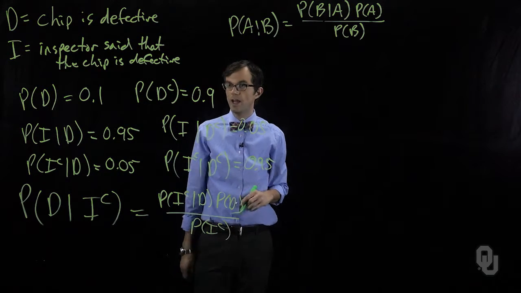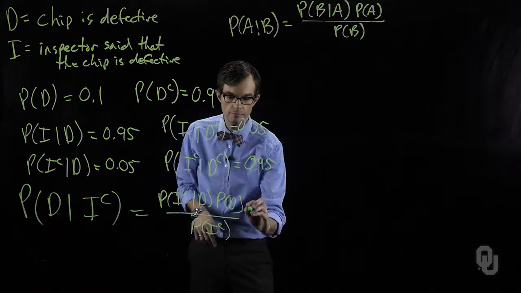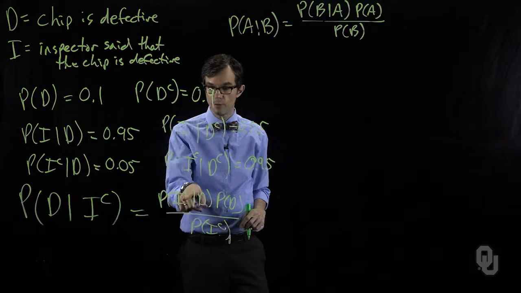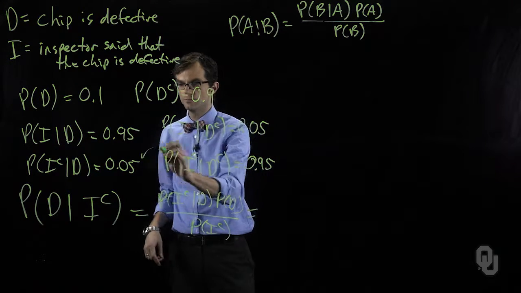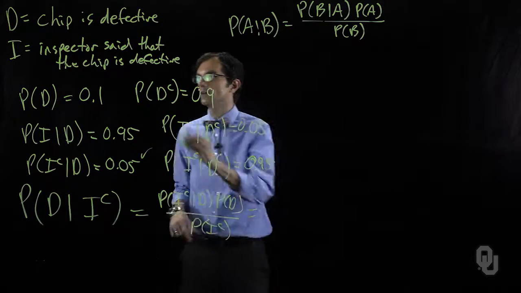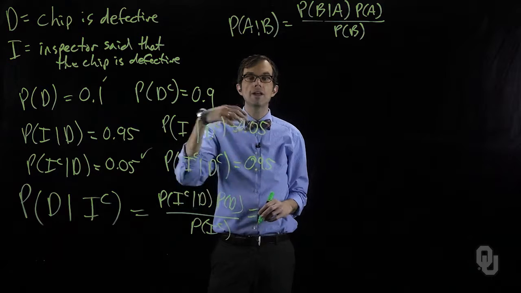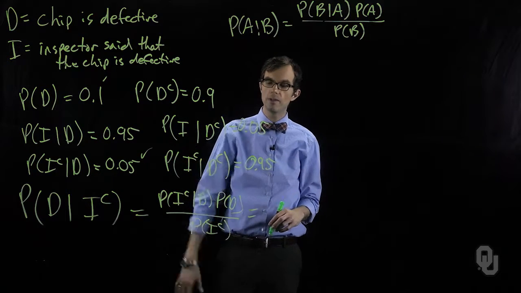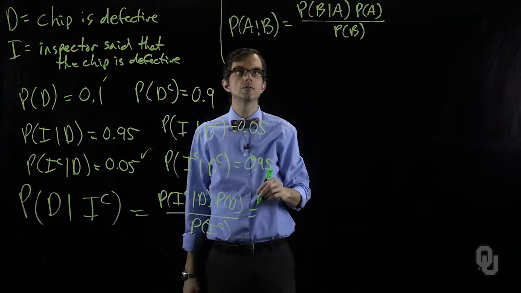Good. So now let's put all this stuff in there. We have a lot of this already. So we have this, the probability of I complement given D, that's over here. The probability of D is up here. But we don't have this exactly, but we can calculate it based on some of our probability rules. So let's go back to this general case up here.